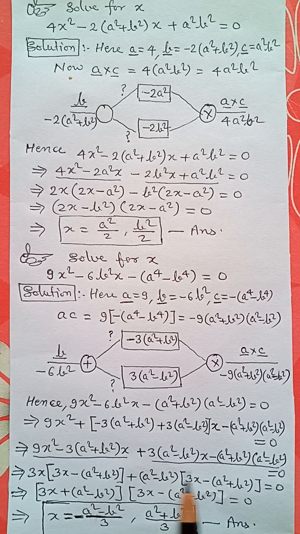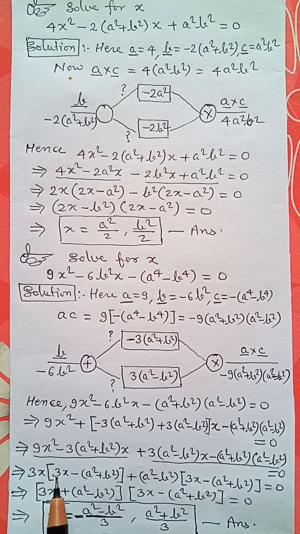Again grouping these two terms, we have here 3x as the HCF, highest common factor. Therefore taking it outside, we are left with 3x − (a² + b²). Similarly here (a² − b²) is a common factor. Therefore taking it outside, we are left with 3x − (a² + b²). This is equal to 0.